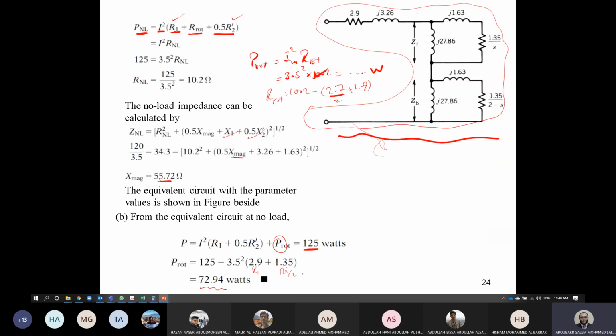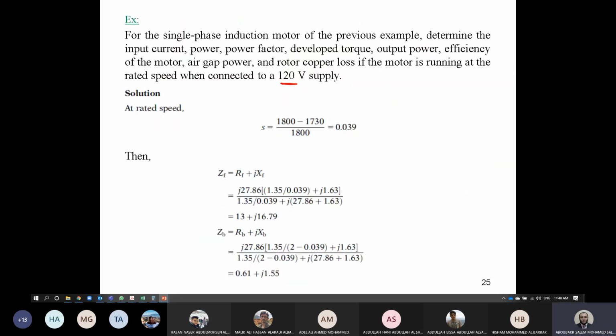Which means you can now obtain the value of slip. So firstly, guys, to solve such a problem, induction motor operation is dependent on the value of the slip of the motor. It is always slip dependent, guys. So we should firstly obtain the value of slip because all of the equivalent circuit and operation will depend on the value of slip.